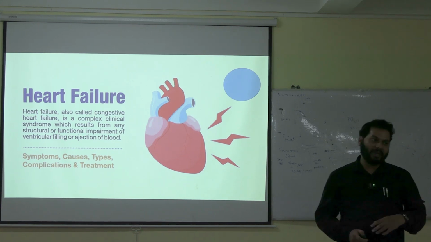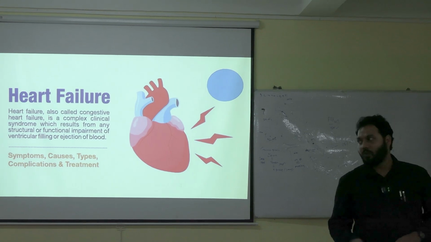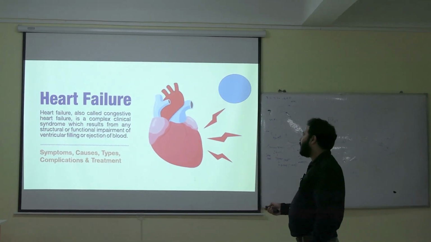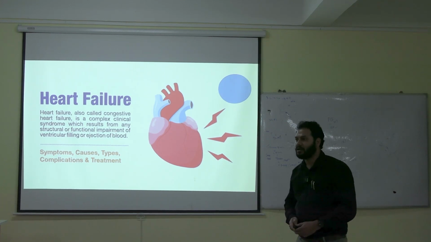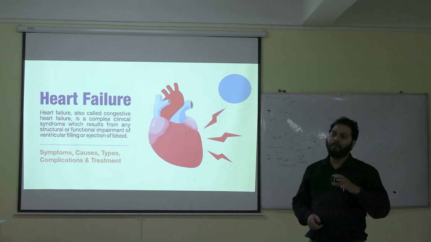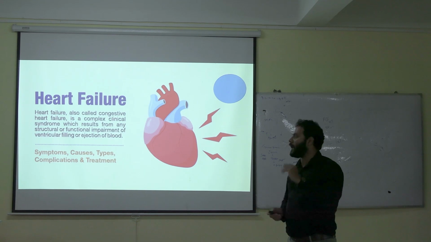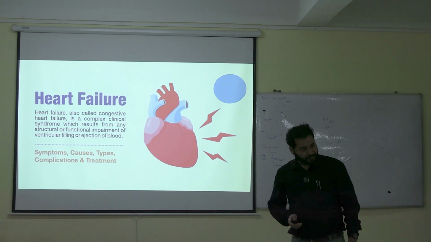Two things mainly happen in heart failure. One is impairment of ventricular filling, another is impairment in the ejection of blood. So both things may happen in subjects who have this type of condition, right?